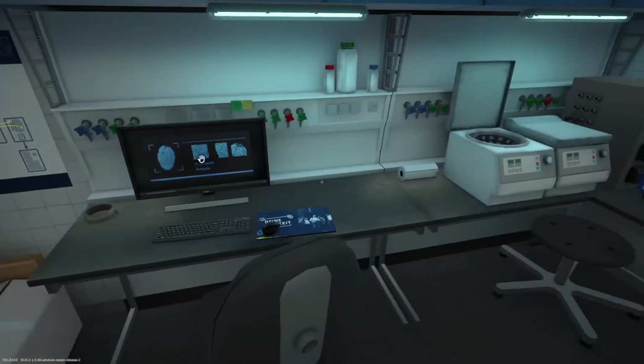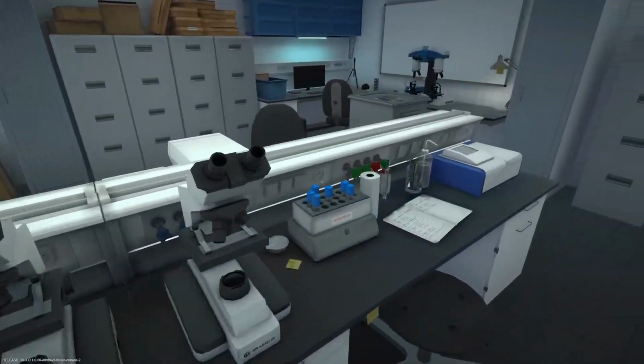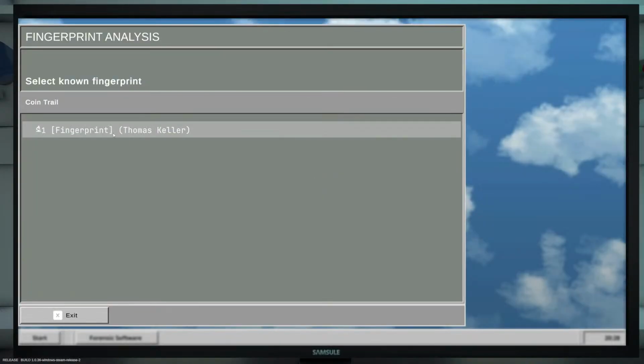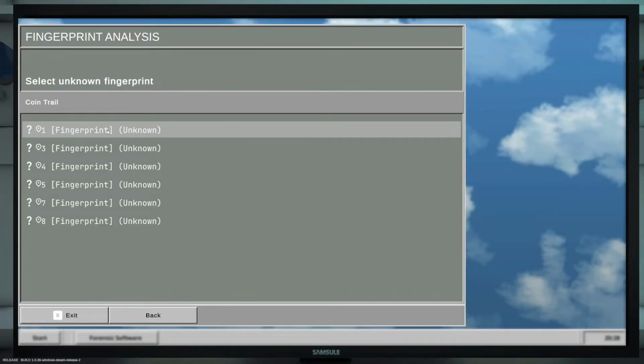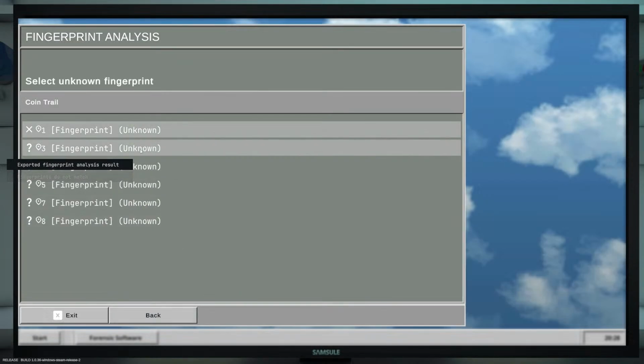Alright, kind of forgot how to do this. How do we do this? Thomas. Okay, we'll compare Thomas to these fingerprints here. Okay, that's not a match. Export. Go back.